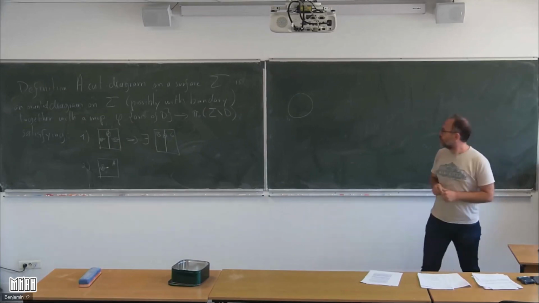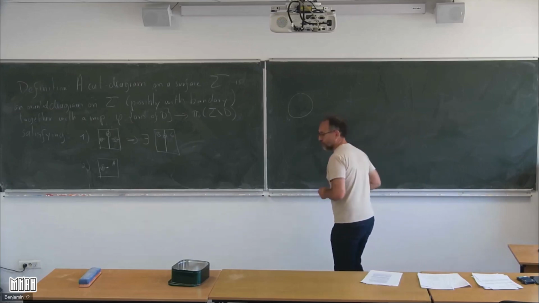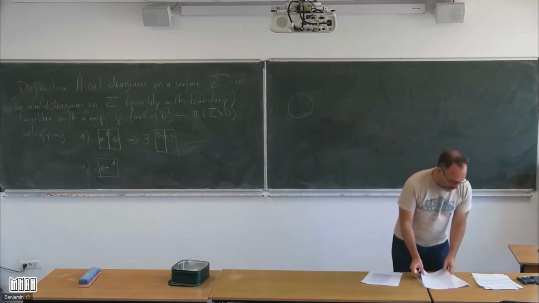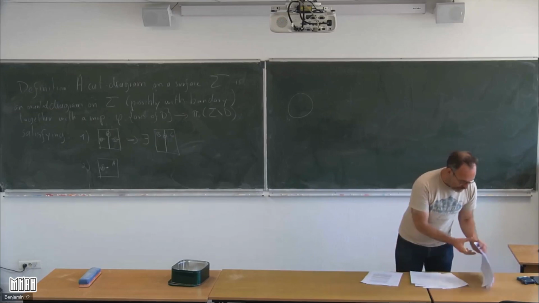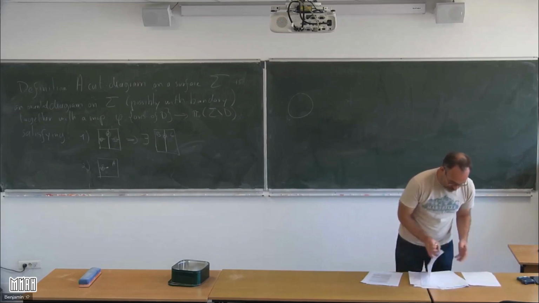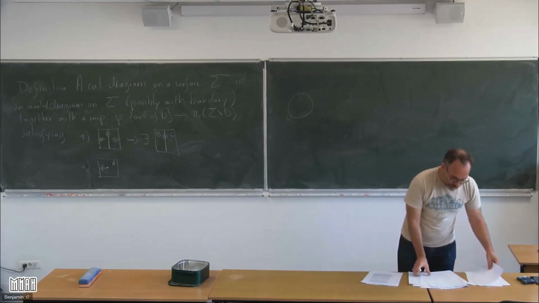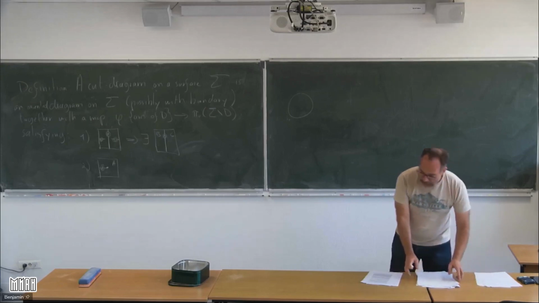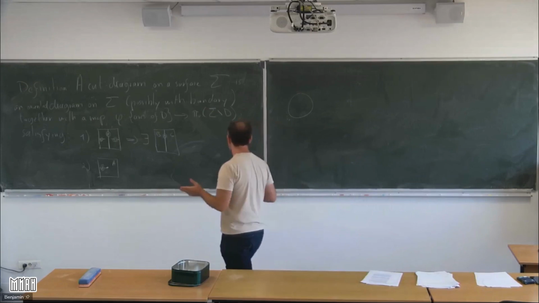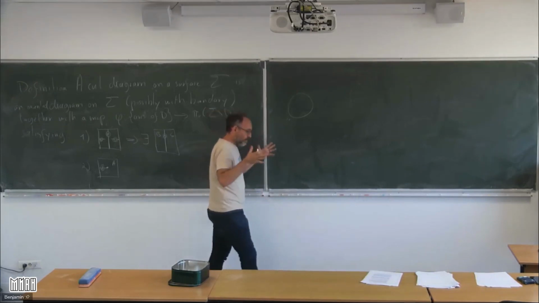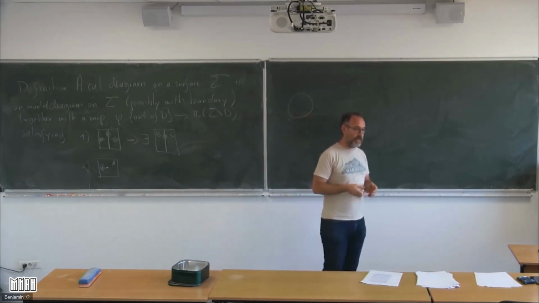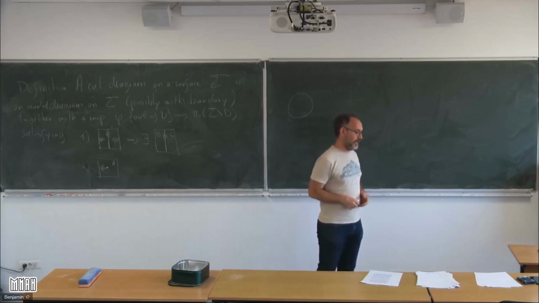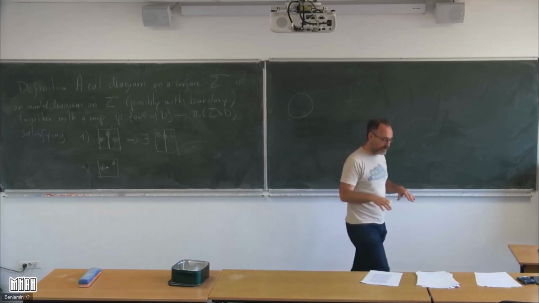Maybe I can redraw the picture. So when you have a knotted surface in S4, just like for knot theory, when to study knots in S3 you project it onto a plane, you consider a generic projection.